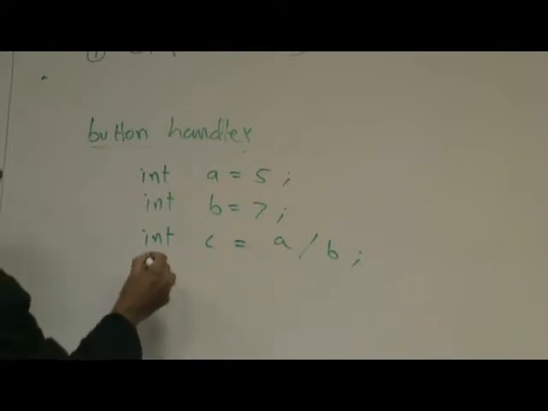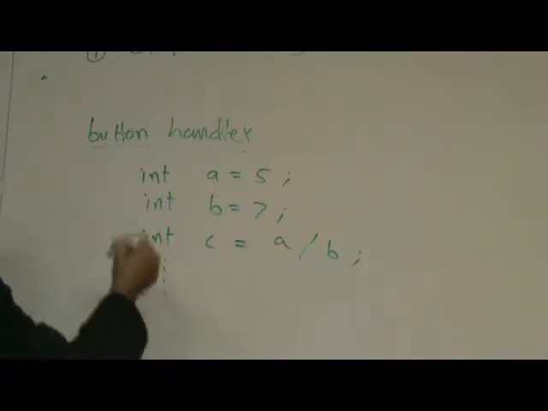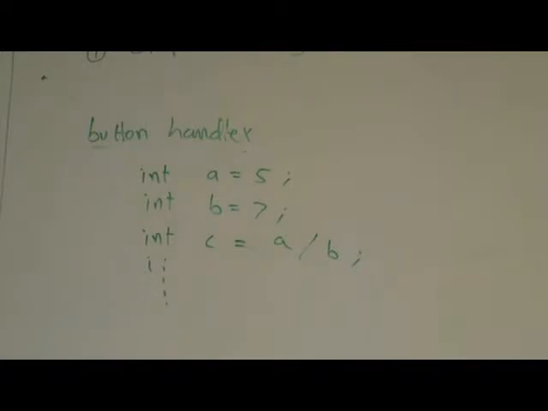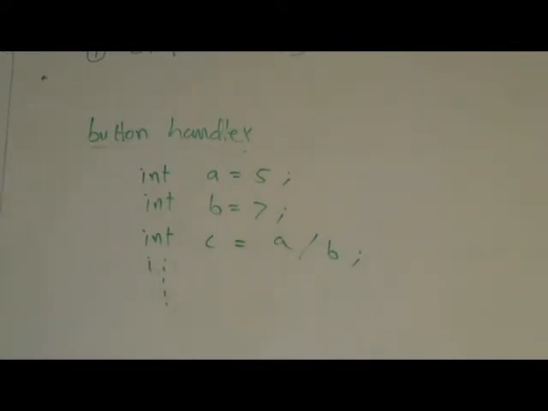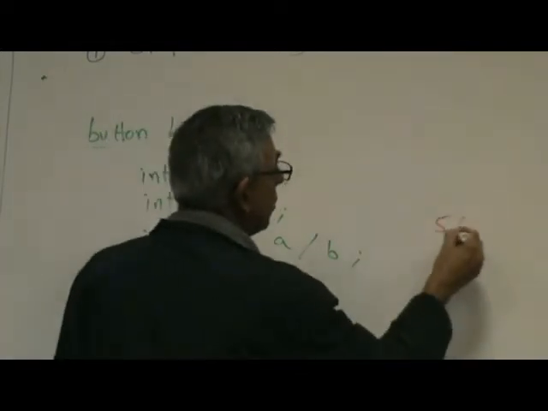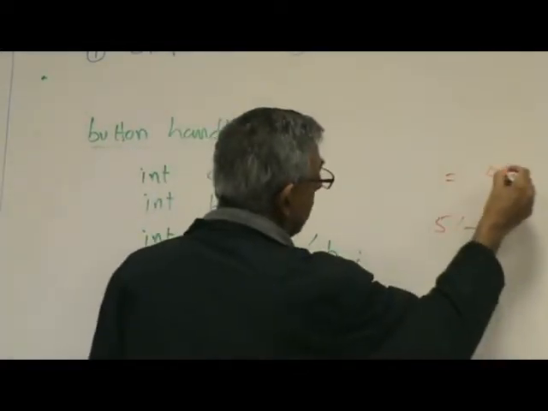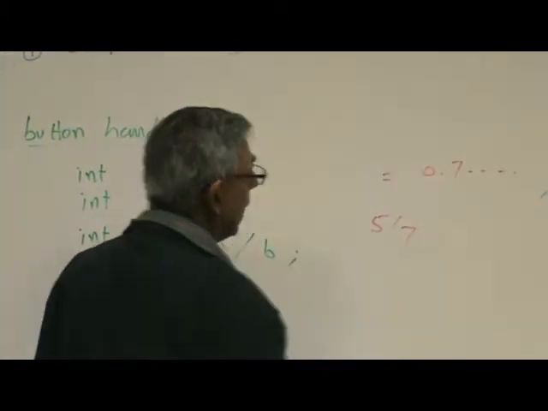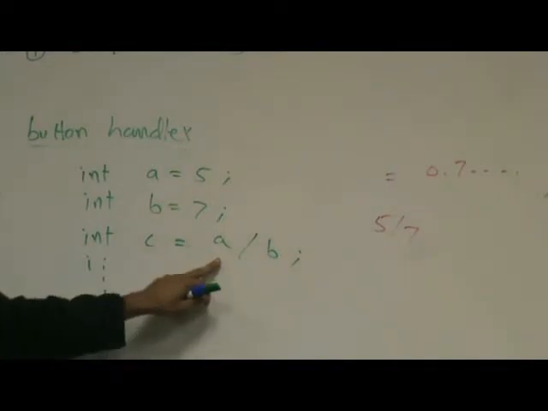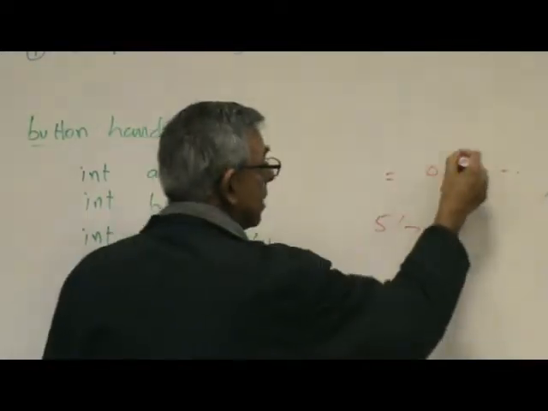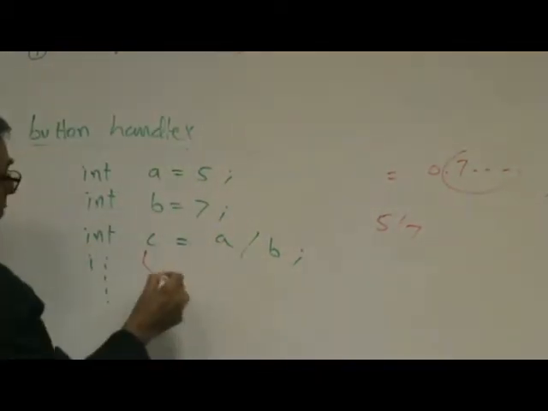And then suppose you were displaying the result. First of all, keep in mind both in C# and Java, if both the data types that you are doing a division on are integers, it will do an integer division. What is an integer division? In this case, it will do 5/7, whatever that answer is, 0.7 something. Because both of them are integers, it will truncate the decimal part and produce an answer of 0.